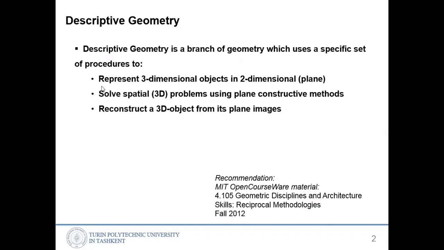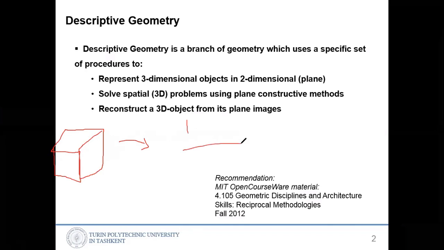The first one is to represent 3-dimensional objects in a 2-dimensional plane. So we are using a 2-dimensional plane for the representation of 3-dimensional objects. In reality we might have some kind of 3D shape, like a cube, but we use this 3D to represent it in 2 dimensions.